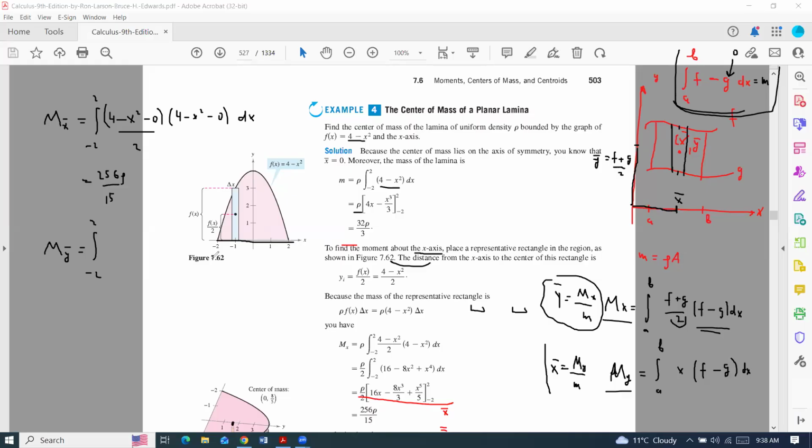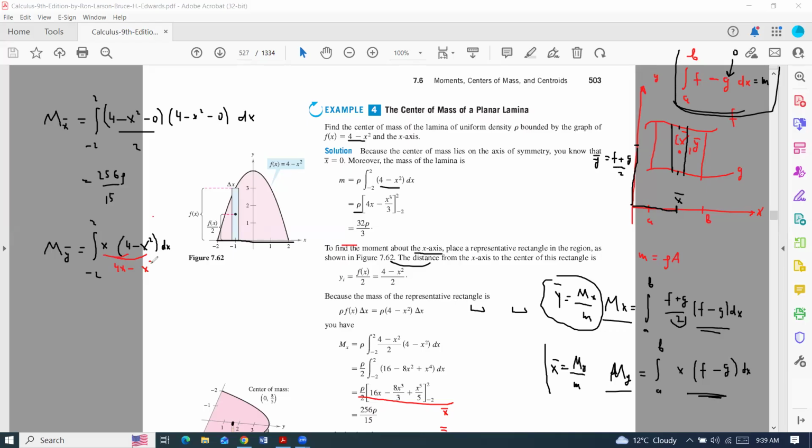And if you're looking for the center about y-axis, now you go with multiplying by x, again the difference of f and g, which is 4 minus x squared, and subtract 0, right? And then dx. And what you have here as an integrand will be 4x, and then when we multiply by x squared, that'd be minus x cubed.